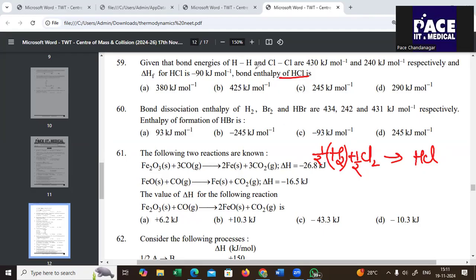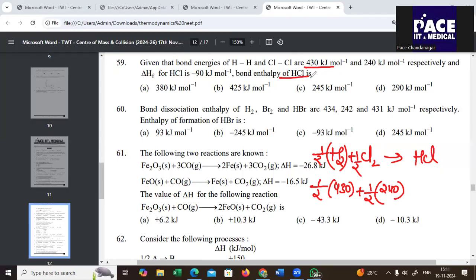Hydrogen to hydrogen bonds are broken down. Hydrogen to hydrogen is 430, so half of 430, since the bond is broken down, it is positive, plus chlorine, half of 240. And then some value X, which we don't know, that is your HCl.